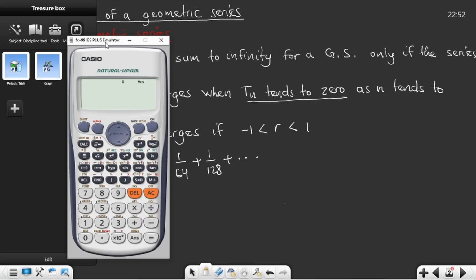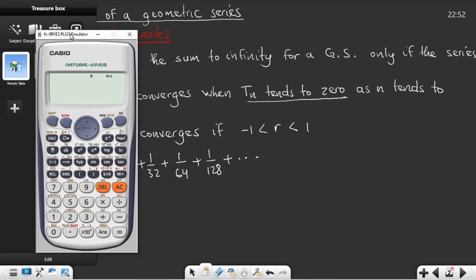Let me use a calculator. Let's start by checking this fraction, 1/32. Let me press this so that I can have a decimal. So the value is 0.03125. So you can see the value is smaller.